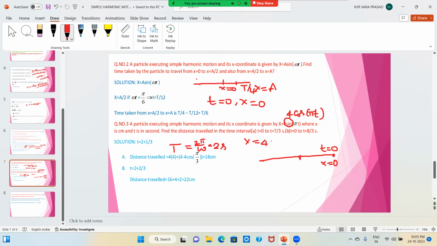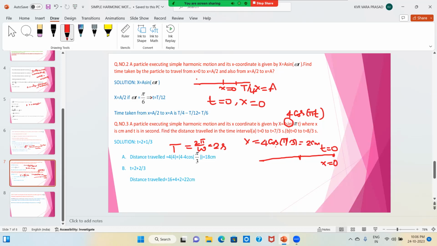It is 4 cos pi by 3 for the extra 1/3 second. 4 cos 60 is now 2, right?